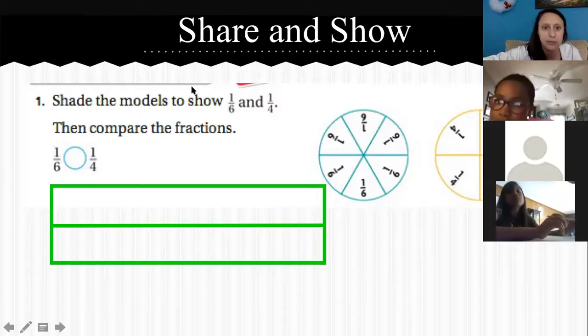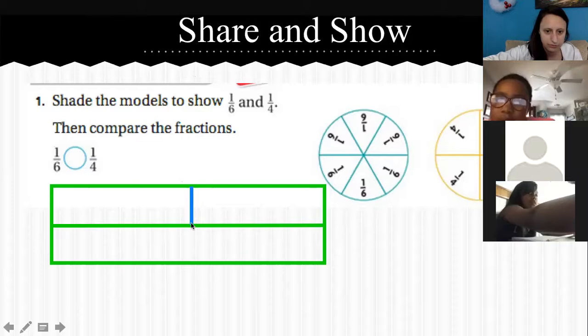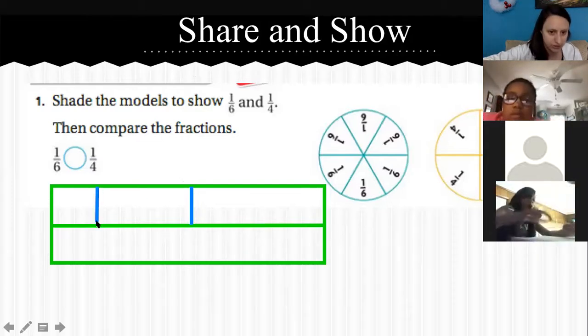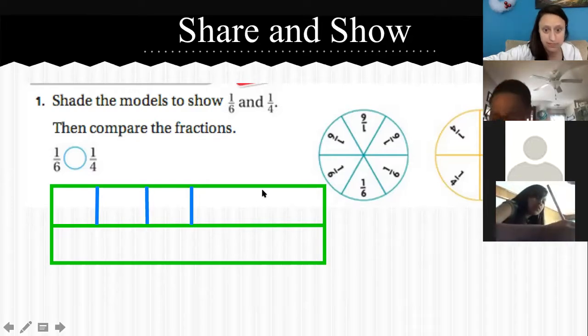Okay, so let me go up here. Is 6 an even number? Yes. Yeah, so I can divide it in half. Okay, and then over here is going to be 3 equal pieces, as close to 3 as I can get. Okay, and then same thing over here.